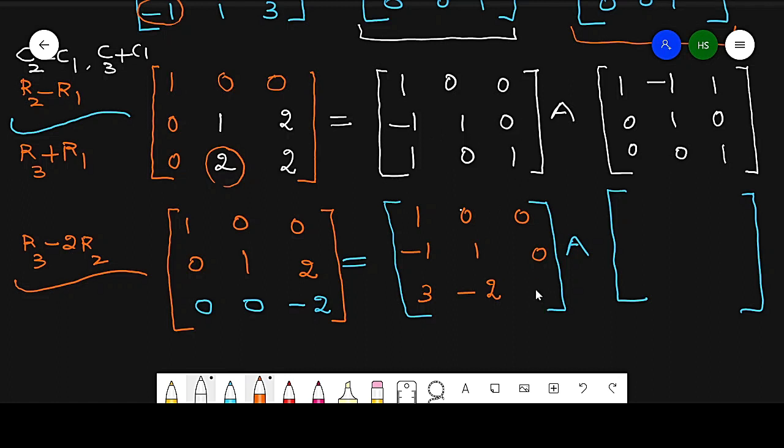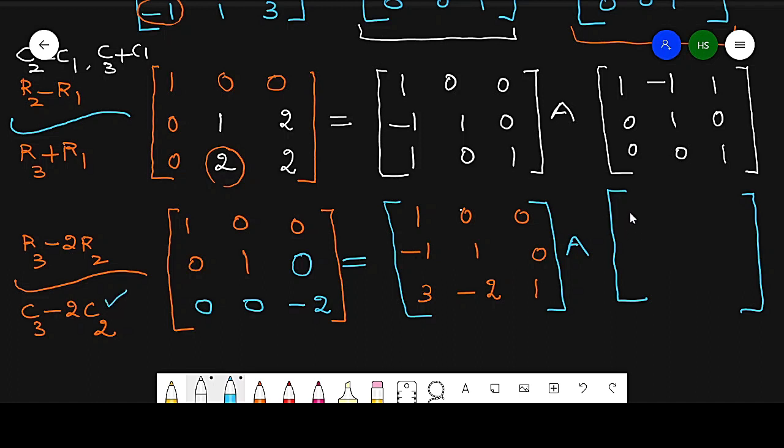Again minus 2, so this is a 1. Now to make this term 0, I will apply the operation C3 minus 2C2. If I apply it here, this term will become a 0.